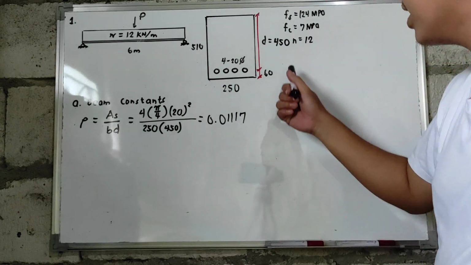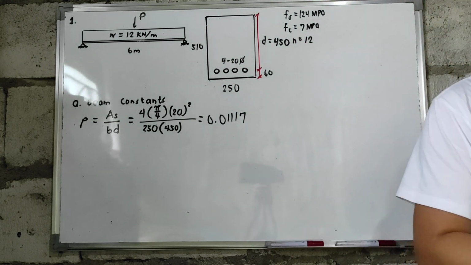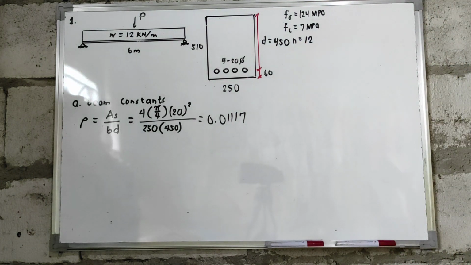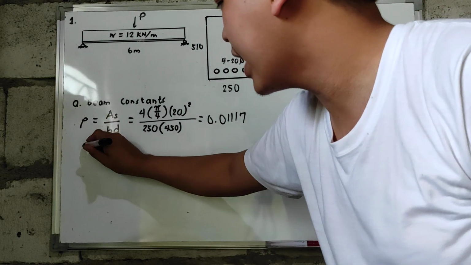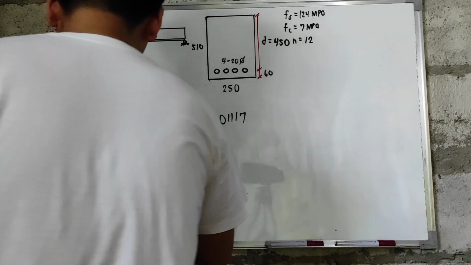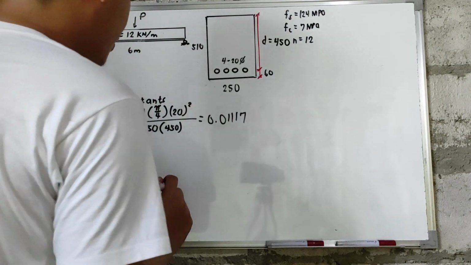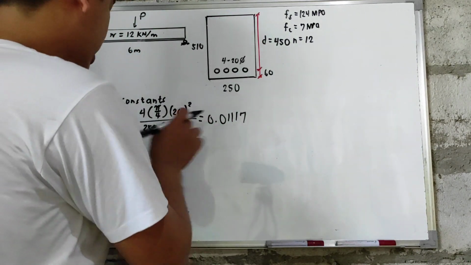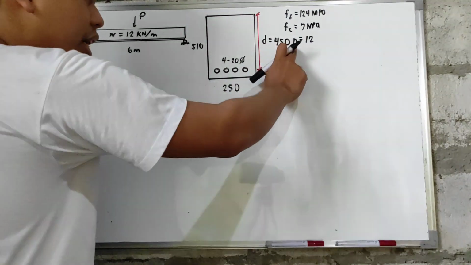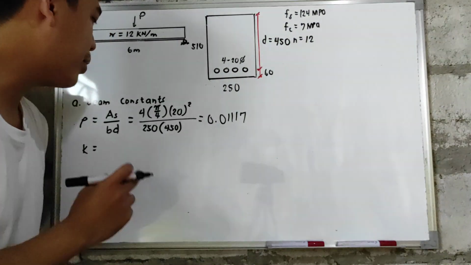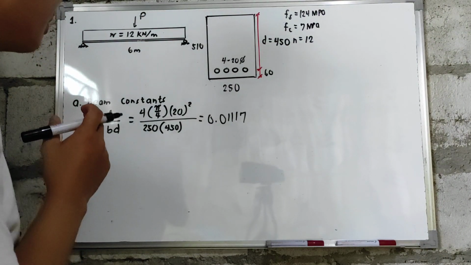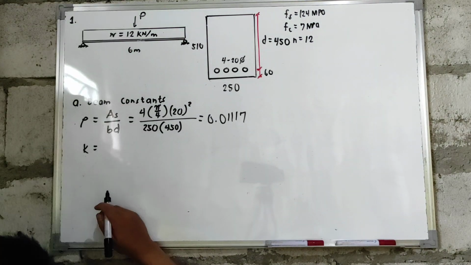Then, meron tayong value ng modular ratio natin which is equal to 12. Next, so kunin naman natin yung value ng K natin. So using yung formula natin dealing with steel ratio at saka yung modular ratio, makukuha natin yung value ng K natin.